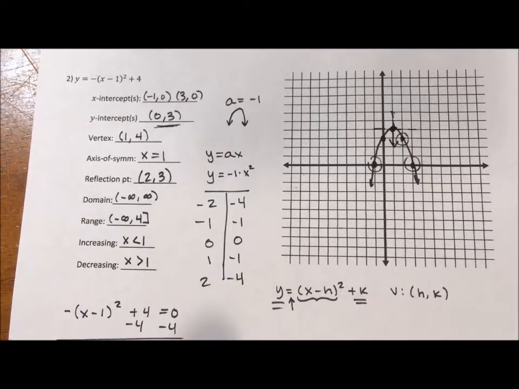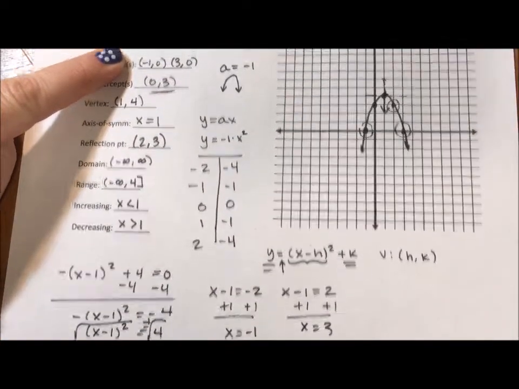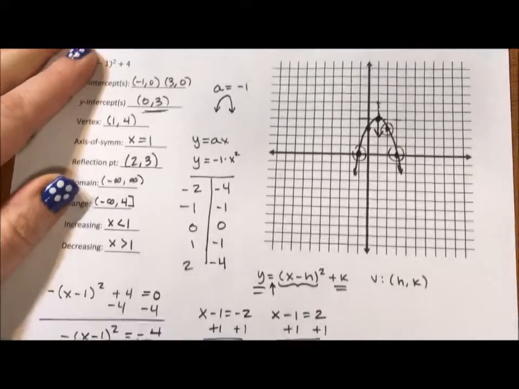We square root with a plus or minus. We get x minus 1 equals negative 2, or x minus 1 equals positive 2. We add 1, and we get that x is equal to negative 1 or 3, which is what we got originally anyway. Our original x-intercepts were negative 1 and 3.